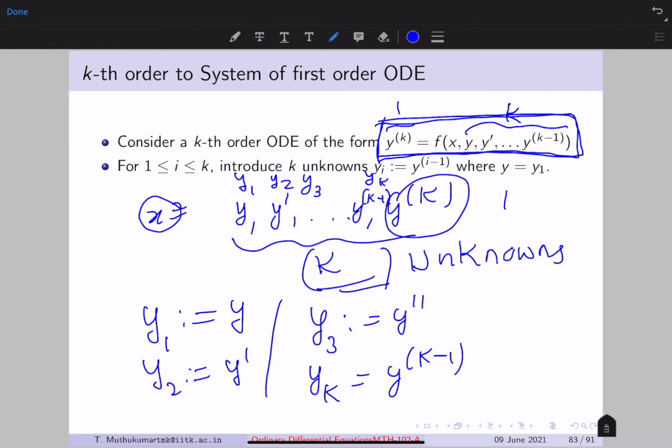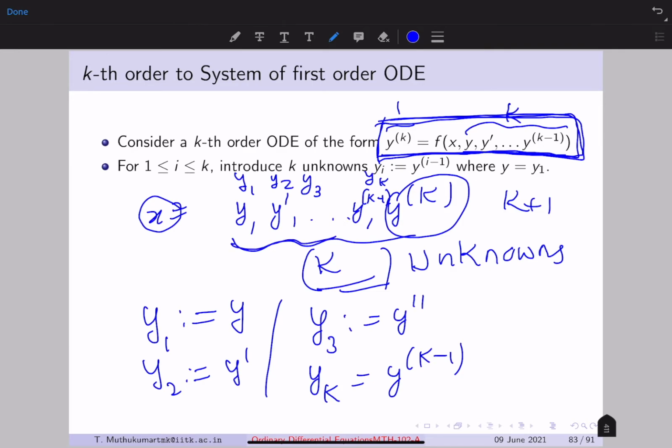But the kth derivative is already given by this ODE. So it is known via f, as long as you know these things. What you don't know are these k quantities.